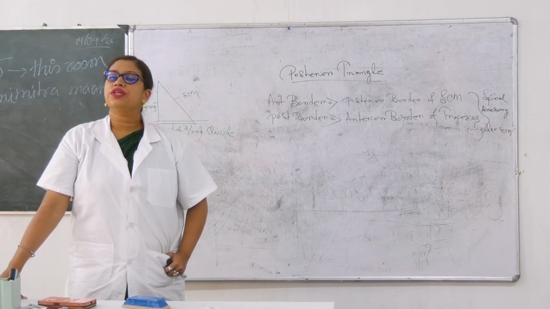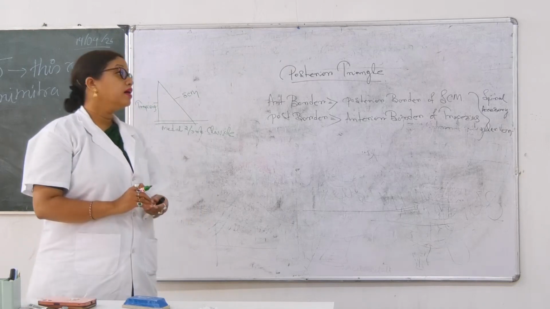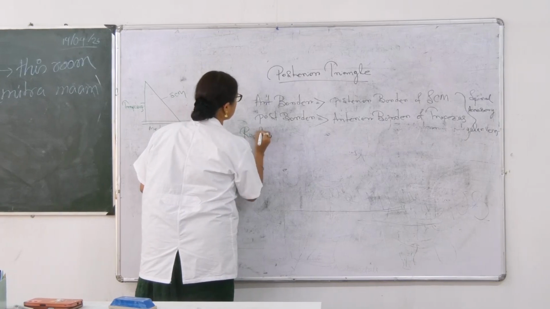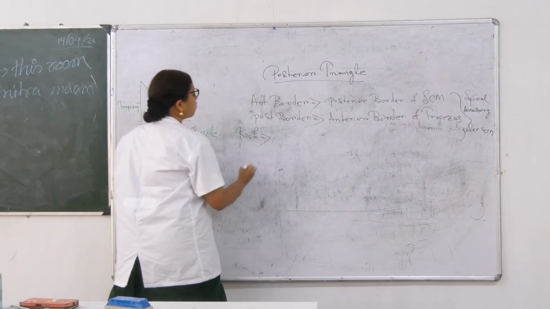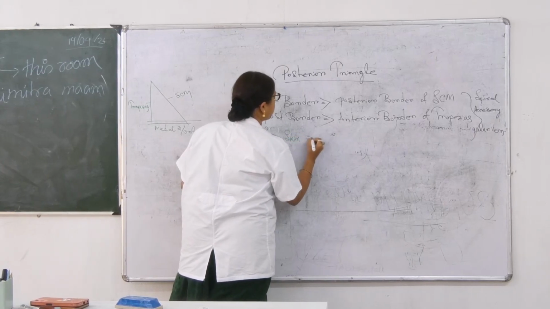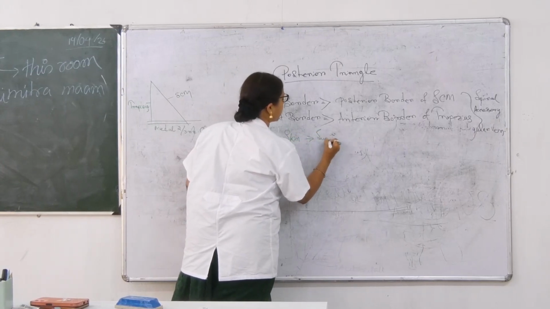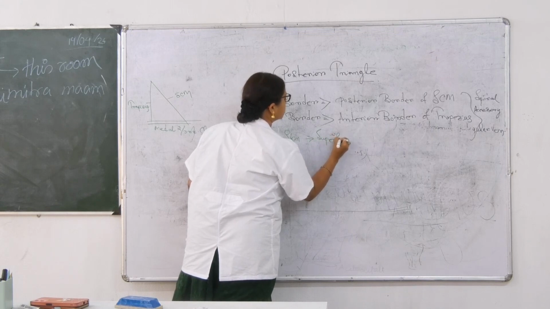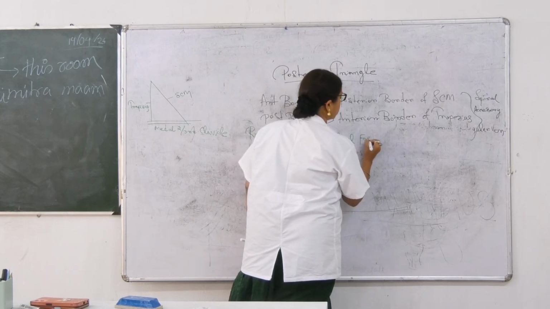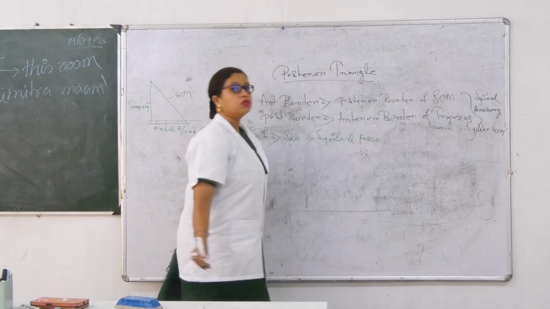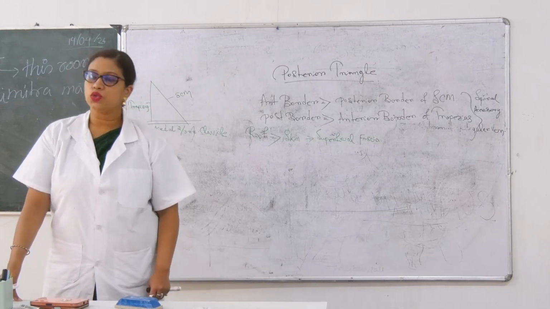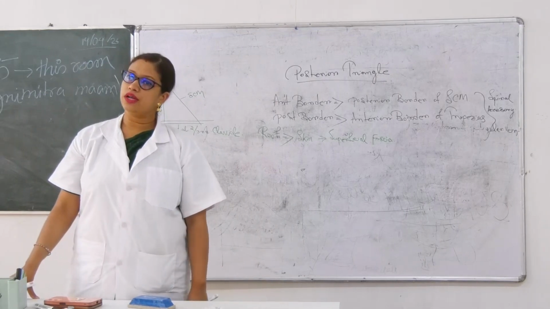Again, write it down. For the posterior triangle, the roof is formed by skin, then superficial fascia. Now the question is, what are the contents of the superficial fascia? Here, if the anterior triangle has the anterior jugular vein, then the posterior has the posterior jugular vein.